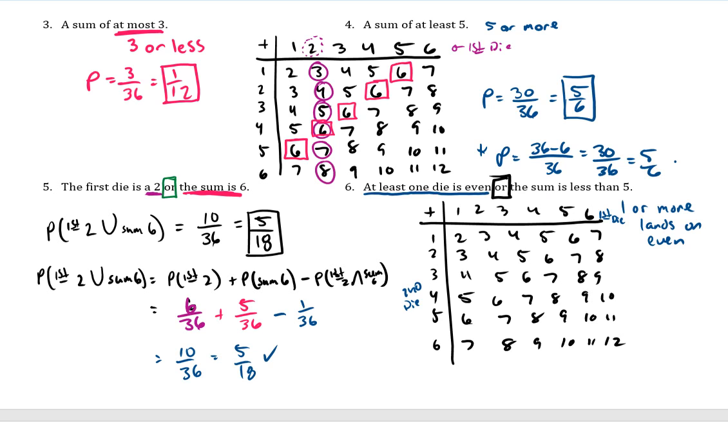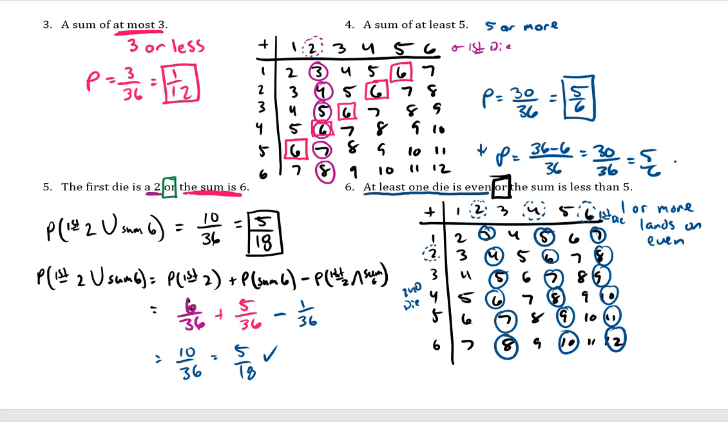Well, that means here is it landing even on my first die. It's either landing on 2, 4, or 6. So from there, I'm going to circle the full column, and this column as well, and this column as well. Okay, so far we have 6, 12, 18 of the things circled. And then because it's or, it means to include it.